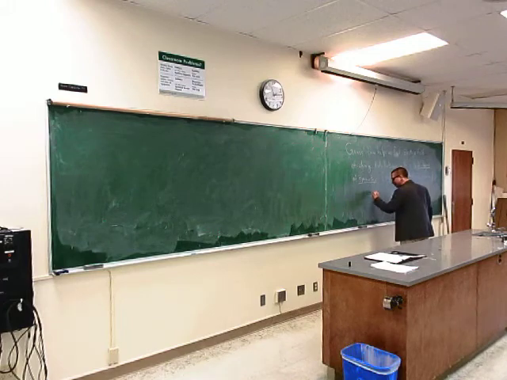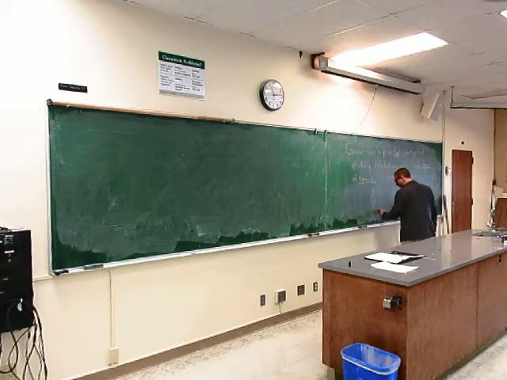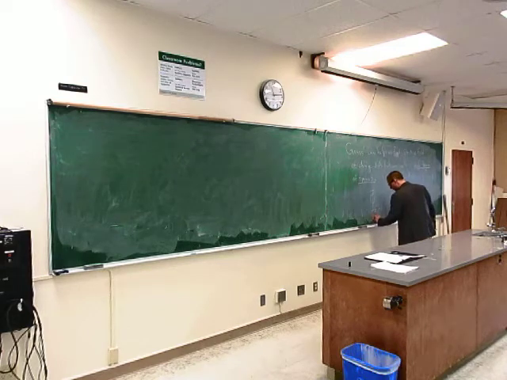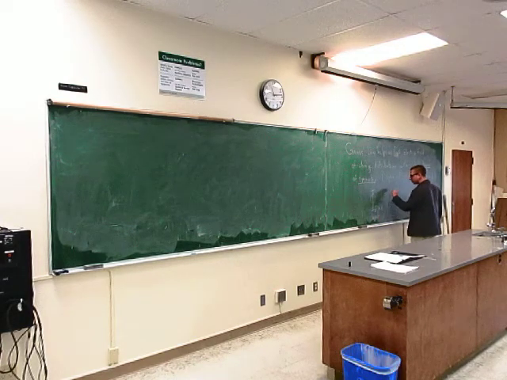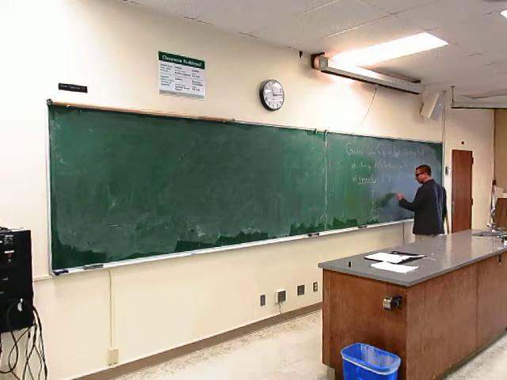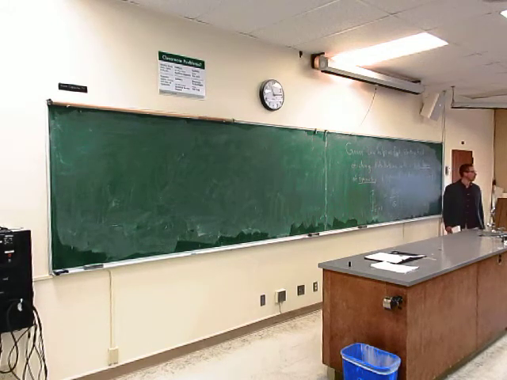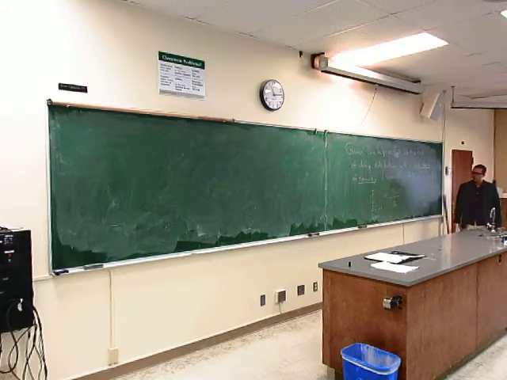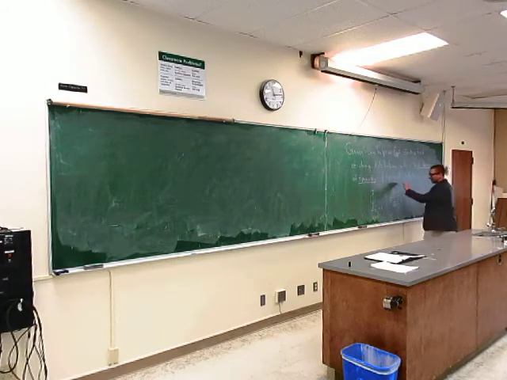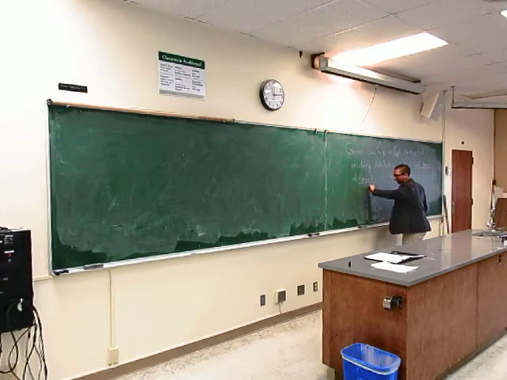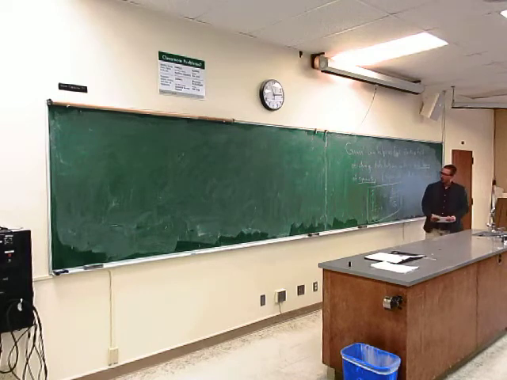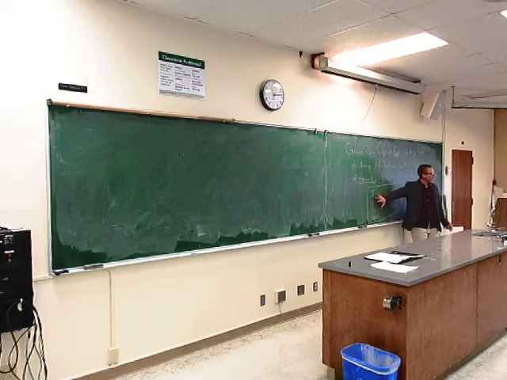Gauss's law just says the electric flux through any closed surface is equal to the enclosed charge divided by the permittivity of free space, epsilon naught. This is Gauss's law, and how we practically utilize it is we calculate the left side.